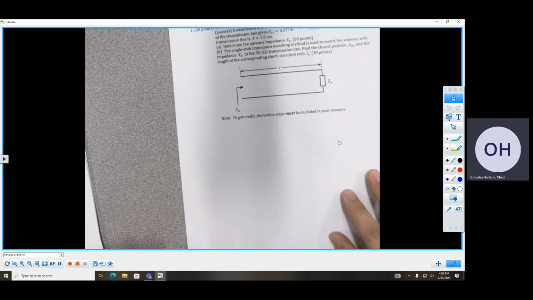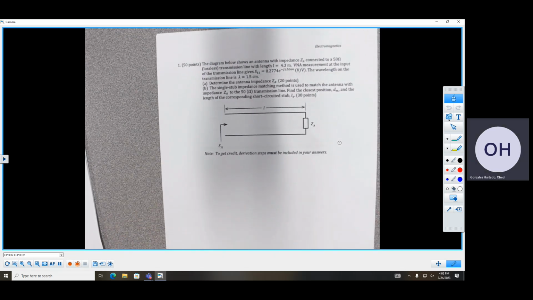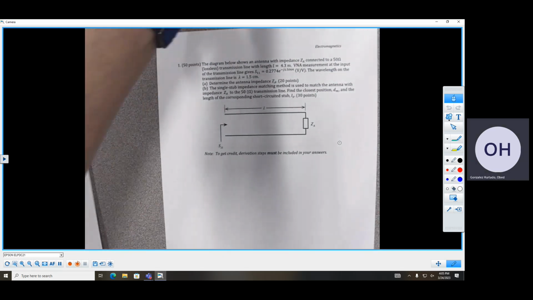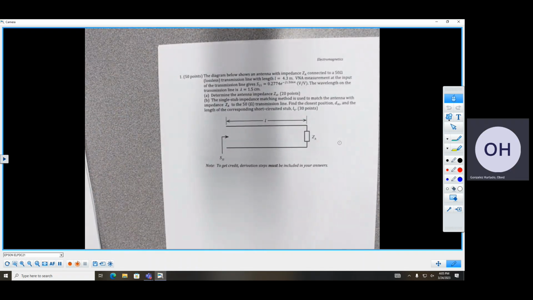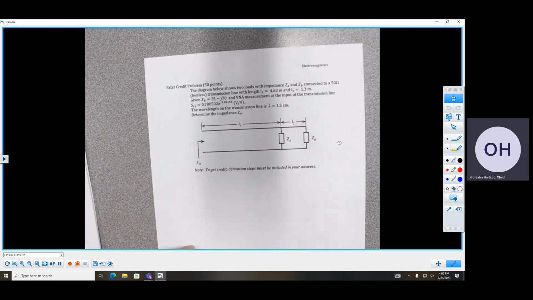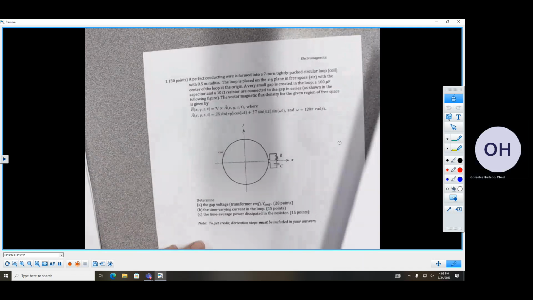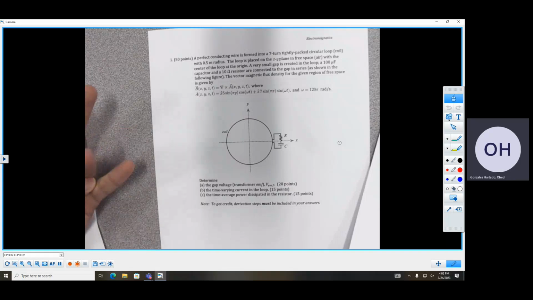So for your next exam, you should expect another transmission line question. This time you'll be trying to find more related towards stub matching. And then the second question will probably be from chapter 6, something similar to this.